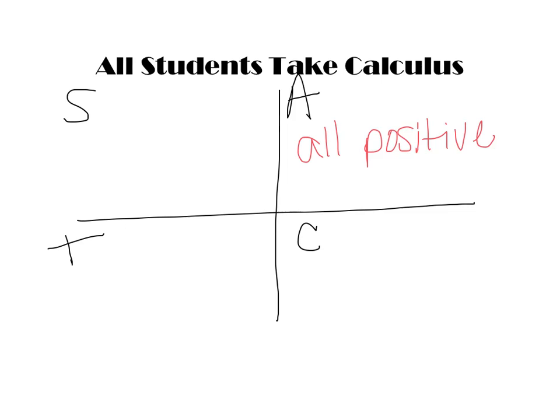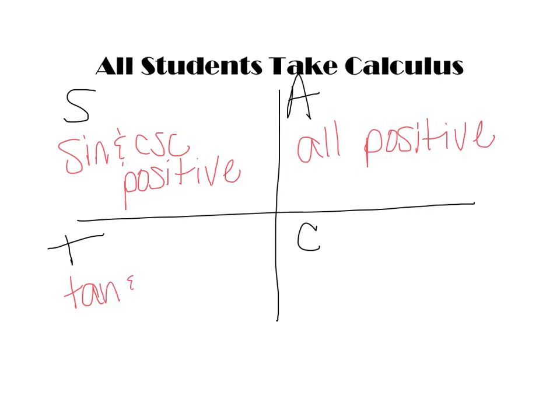In quadrant 2, our sine and our cosecant are positive. Everything else is negative. In quadrant 3, tangent and cotangent are positive.